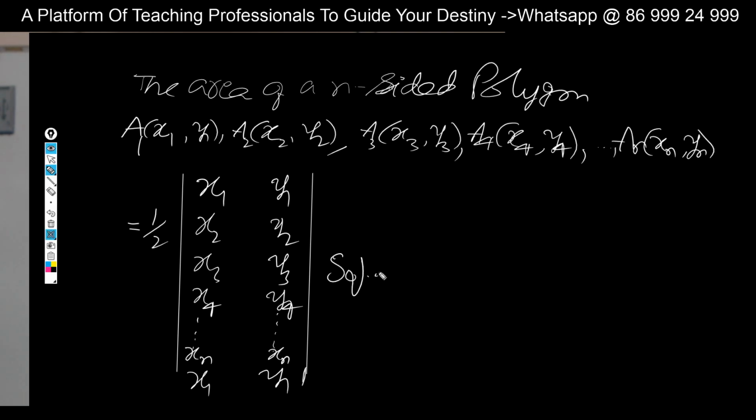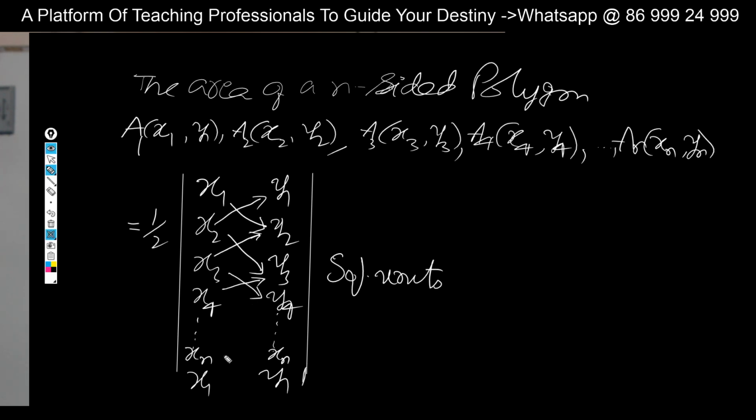But how to calculate this? Top to bottom plus x1, y2 minus x2, y2. Top to bottom plus x2, y3 minus x3, y2. Top to bottom plus, bottom to top minus.